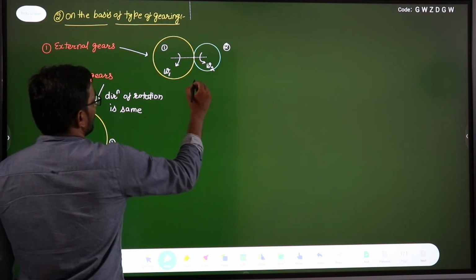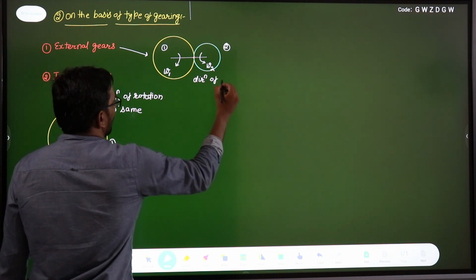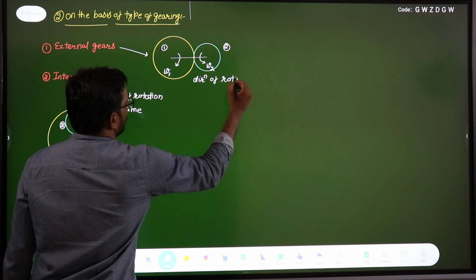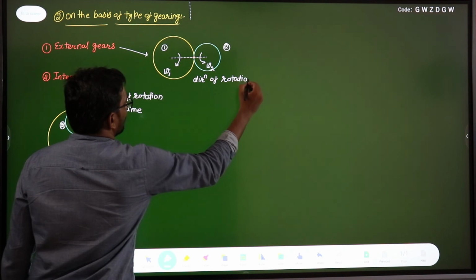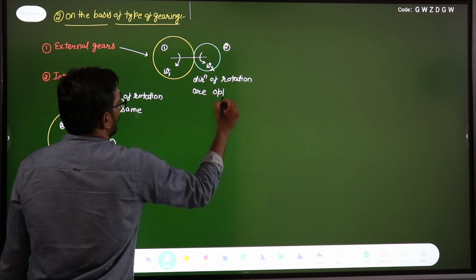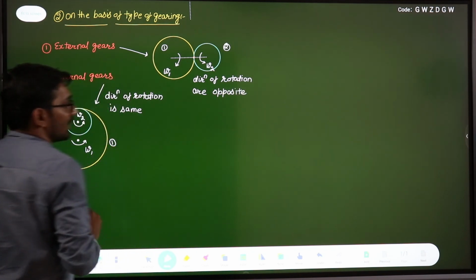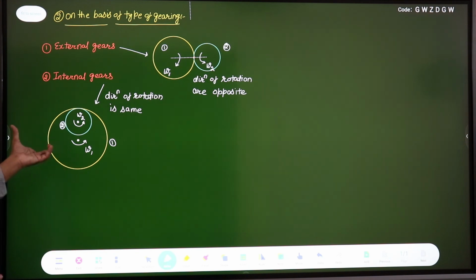But in the external gears, the directions of rotation are opposite. If one is moving in clockwise direction, then another is moving in anti-clockwise direction, right? So these are the basic classification of the gears.